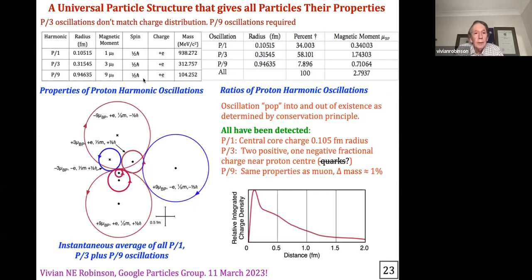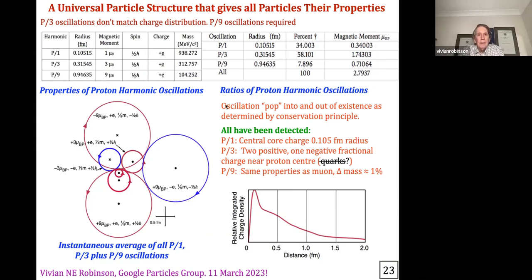One worth having a quick look at here is the mass of a P/9 oscillation, 104.25, versus 105.6, not much different. More on that later. These are the proportions that you need to finish up getting the proton's observed magnetic moment and charge distribution. So it is suggested that these harmonics are actually spreading out your charge and increasing the magnetic moment.